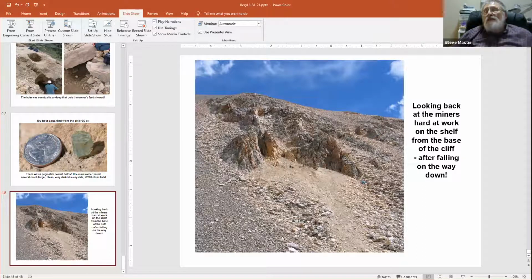And then other pockets are just like the claim owner that I worked with. They're small and privately owned, but the people that own them protect them for all they're worth. We ran into one family at the base of the cliff that owned one of those pockets, and they basically mined it almost 10 months of the year.